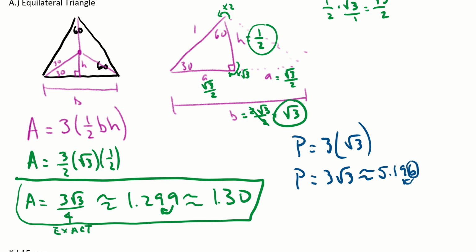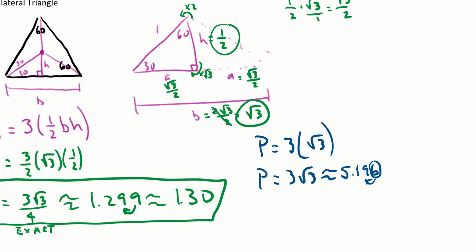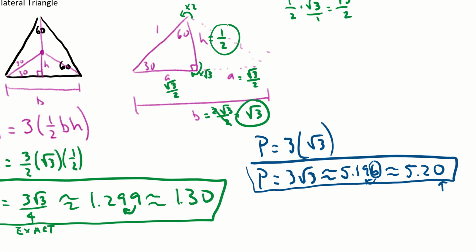This rounds up, so my answer is going to be 5.20. Now remember, you need the 0 because that tells us I rounded to the nearest hundredth. So there is the perimeter.